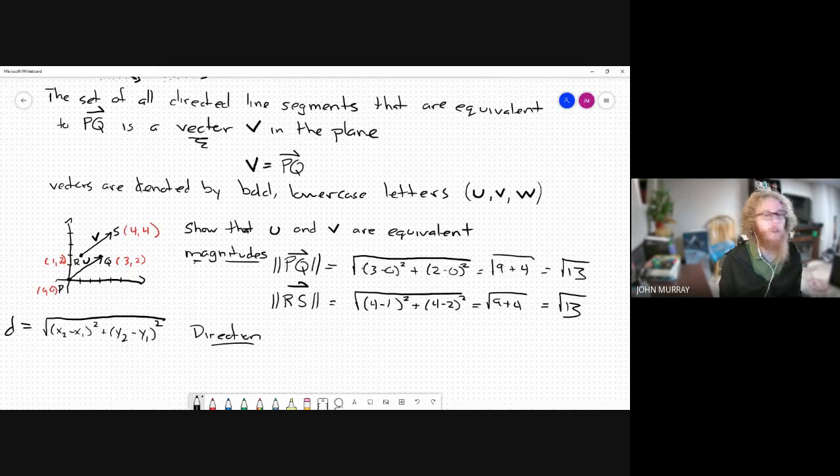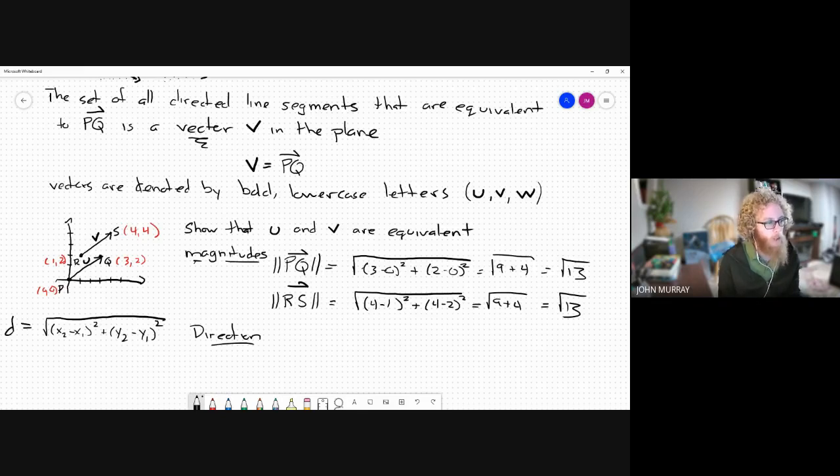How can I check that they both have the same direction? To find out, I want to see if their slopes are equal.